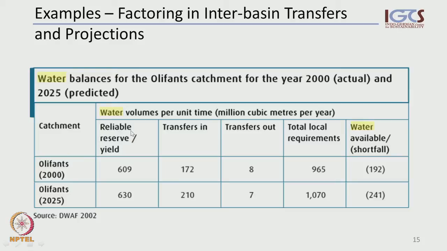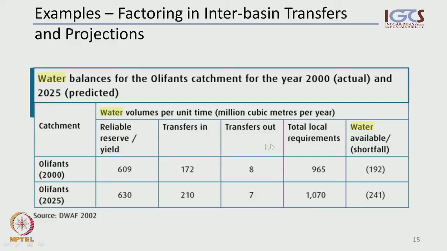What is summarized here as a water budget is the reliable water reserves, the interbasin transfer taking place into the Oliphant River, and the basin transfers that take place out of the Oliphant River catchment, what the requirements are in terms of water, which means that is a human factor, how much water is needed for all of the different usages, and how much water is actually available.